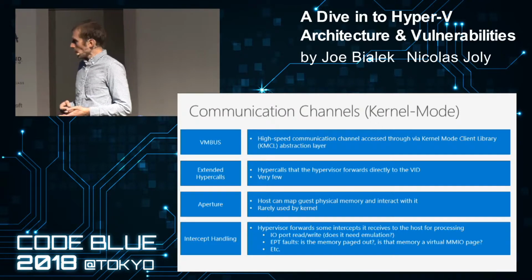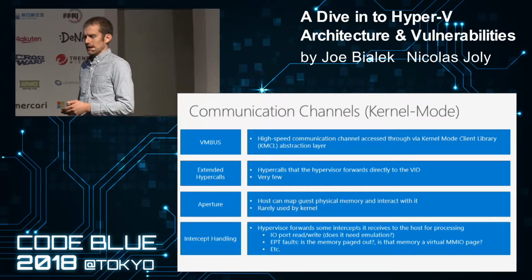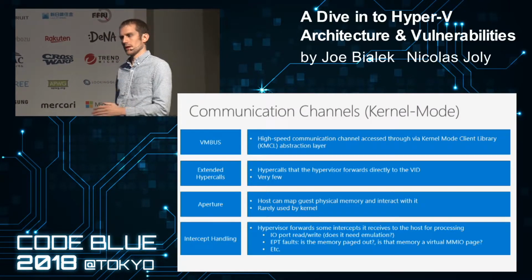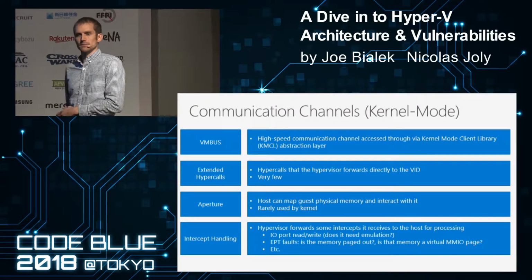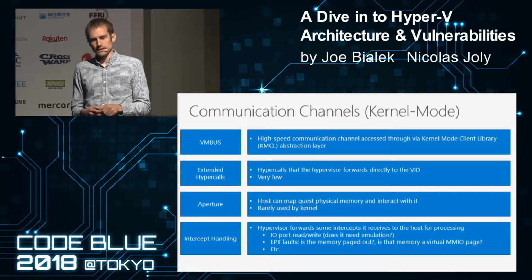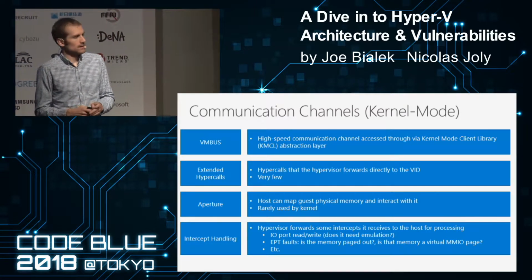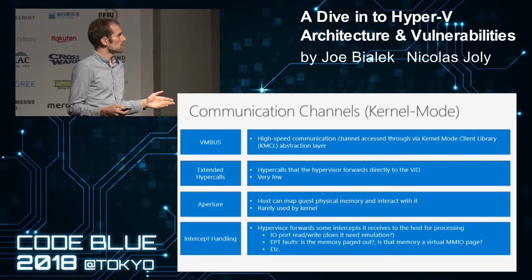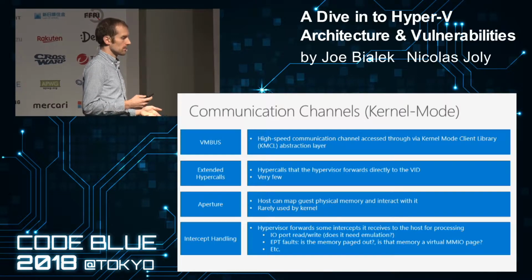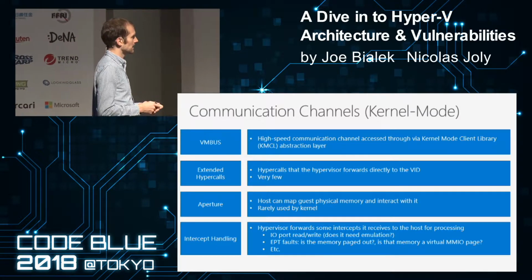And when I say intercept, by the way, that is really just a trap. In Hyper-V, we just call that an intercept. So whenever the hypervisor ends up receiving a trap or some other thing from the guest, that's an intercept. And kernel mode components, specifically the vid in Hyper-V, can end up being triggered due to this intercept handling.